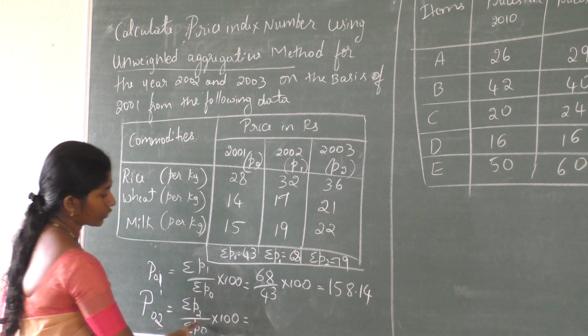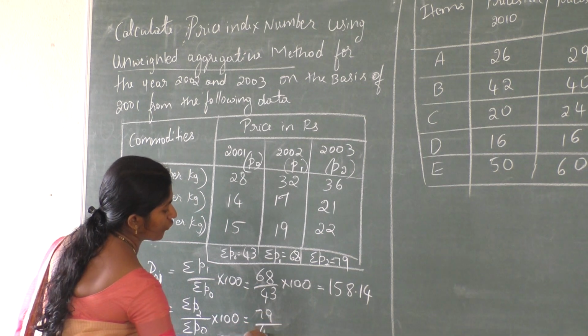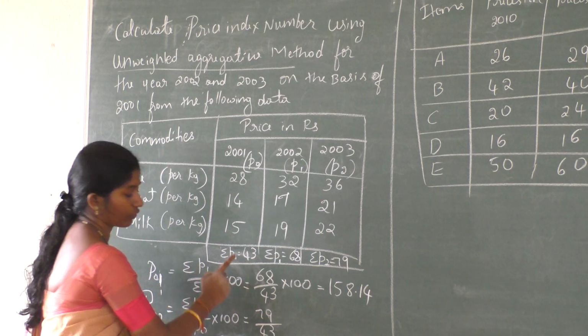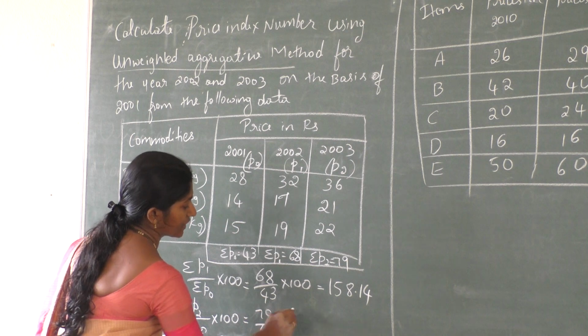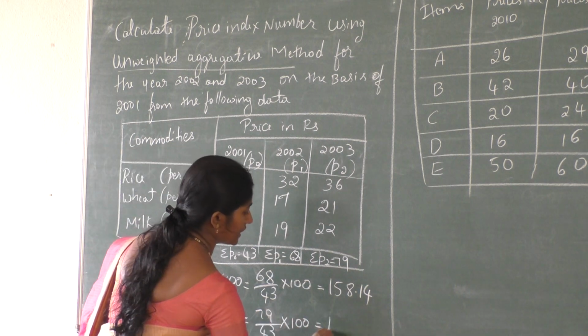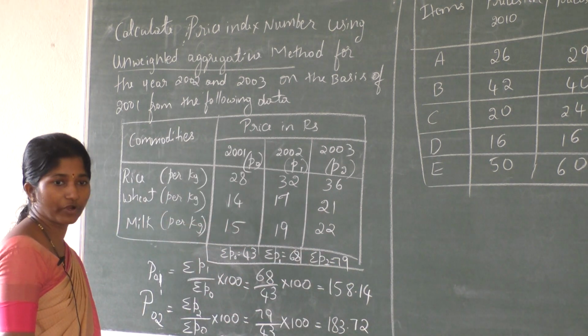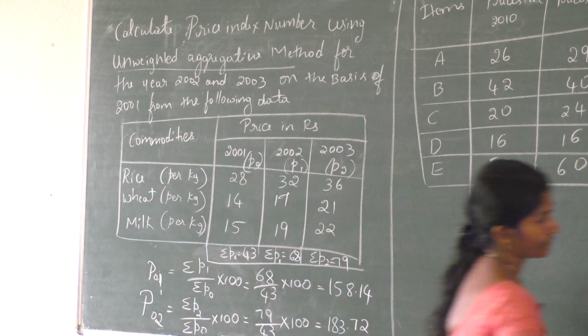That is 79 divided by 43, where 43 is the base year price, into 100. Now your answer is 183.72.